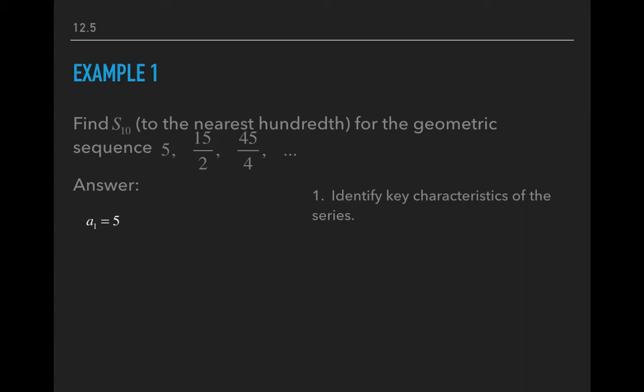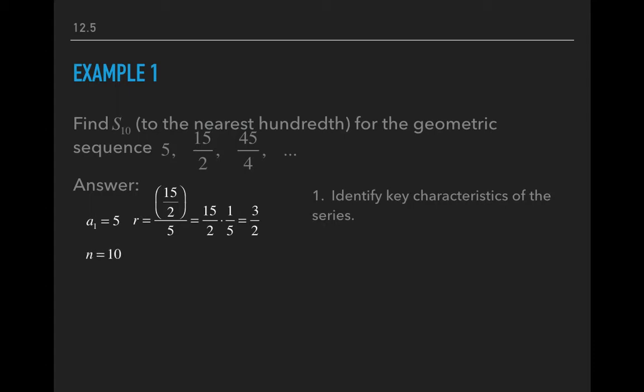Another value that we need to know is our rate, which is going to be the quotient of those two values, the second over the first. Now, to be able to actually find that quotient, I would want to multiply by 1 over 5, since we have lots of fractions going on. And that simplifies to 3 halves, or 1.5 for your common ratio.